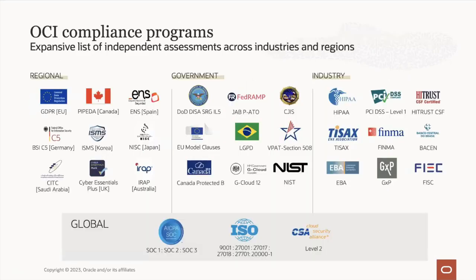Before I jump into the next slide, I know that many of you are working with a lot of different industries across the spectrum. Some of the industries are very critical on compliance with certain things. We do offer a lot of certifications and compliance across the industry spectrum, whether it is the government industry, the finance industry, or healthcare.